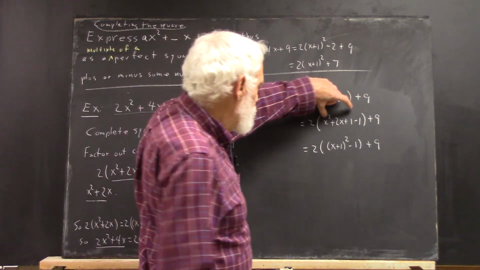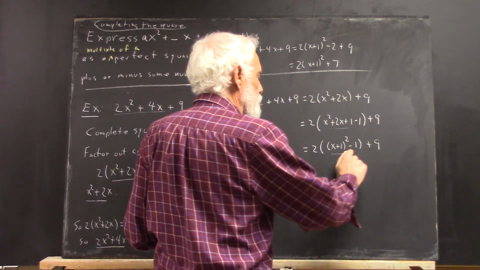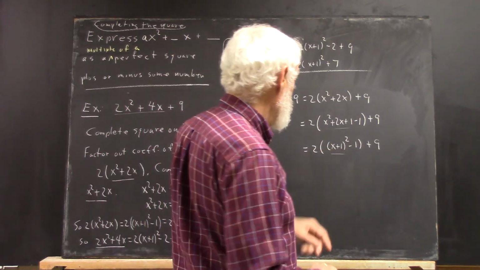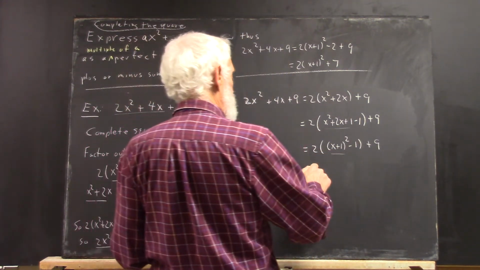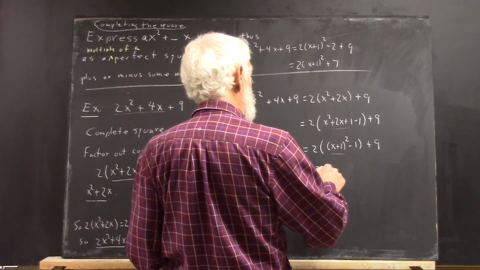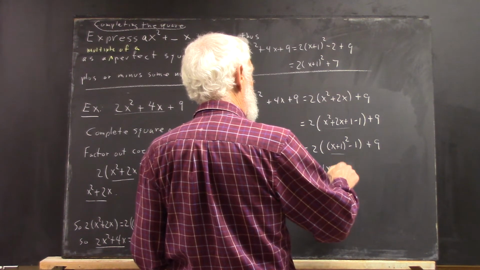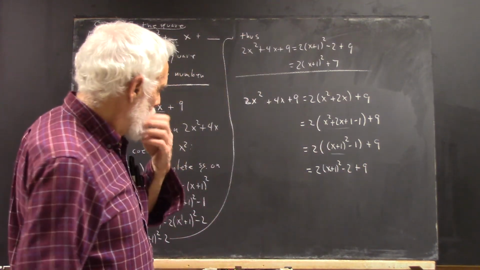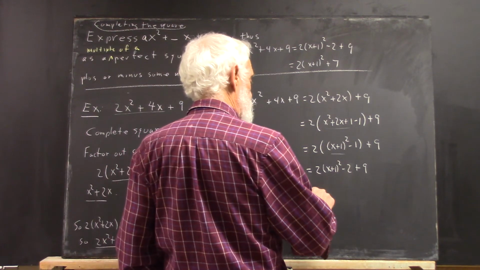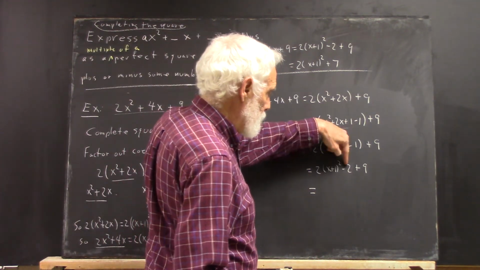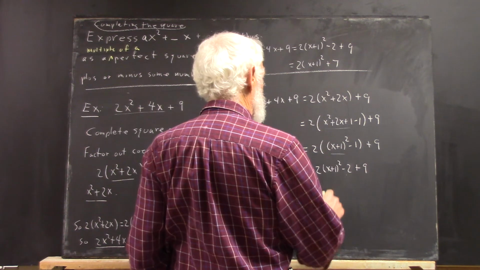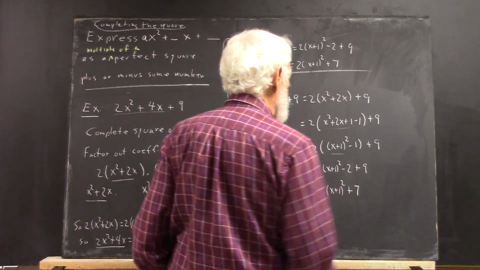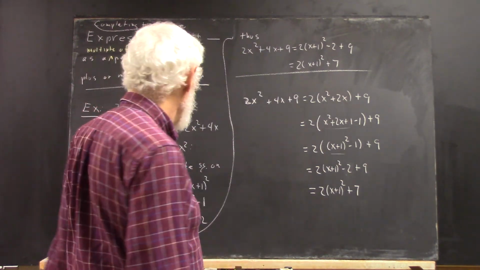So now I take the x squared plus 2x plus 1 and write it as x plus 1 squared. I've still got my minus 1 here. And now I just use the distributive law. There I have this. Okay. Distributing 2 times negative 1. And I've got negative 2 plus 9. And I've got my result.